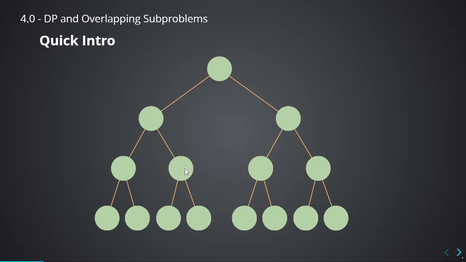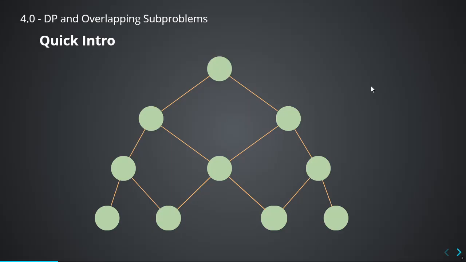What if that is the same as the subproblem if you go to the right and then go to the left? So these two, they're the same. So the idea is, this problem is actually not that complicated after all, because if I go left and right, that's the same as me going right and then left. So if I can recognize that they're actually the same, okay, I can merge the nodes together.